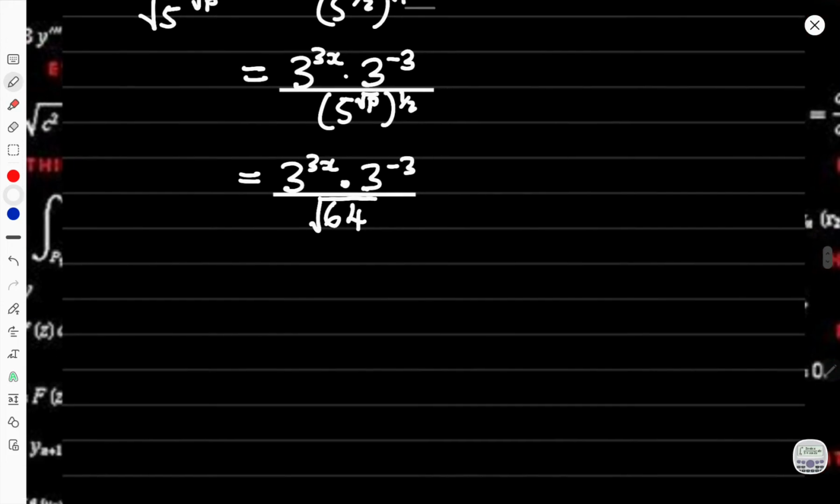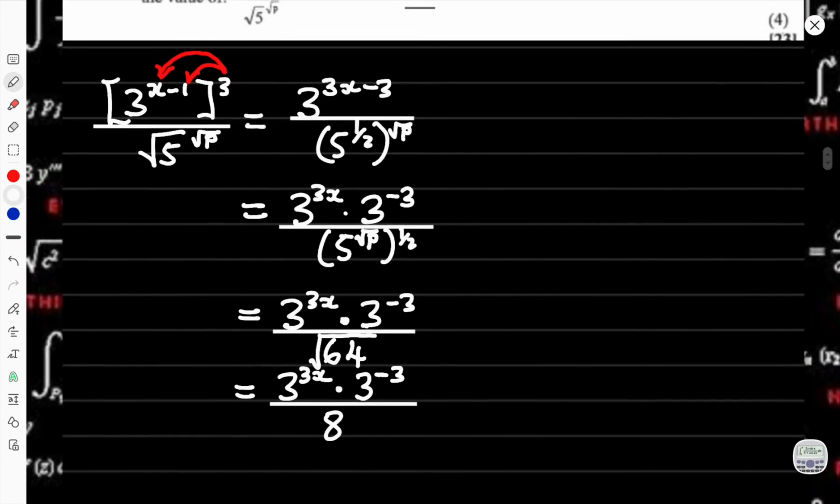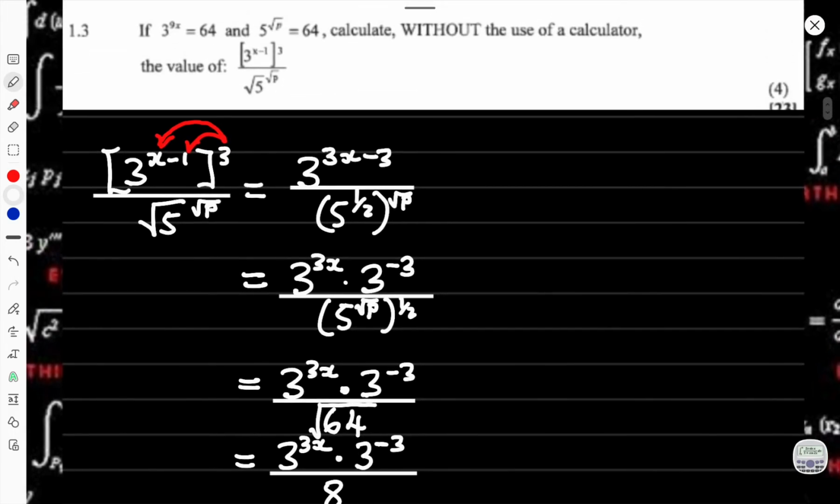So far this is where we can get 3 to the power negative 3 over 8, because square root 64 is 8. Okay, now that we got to this one, let's go and work with the other given info.